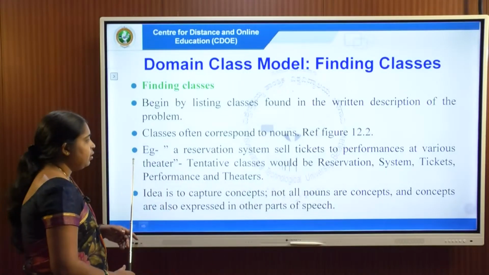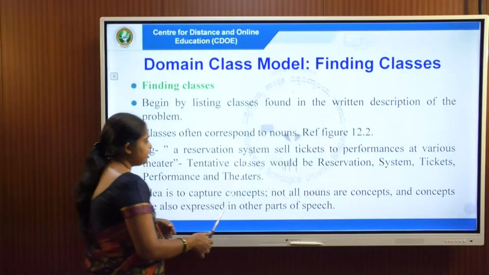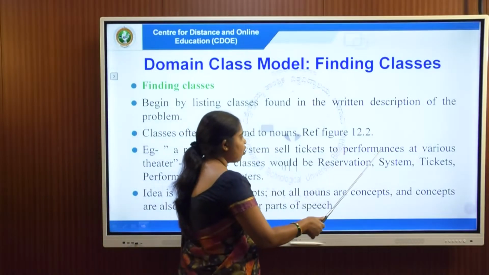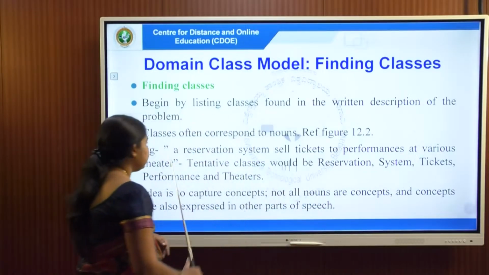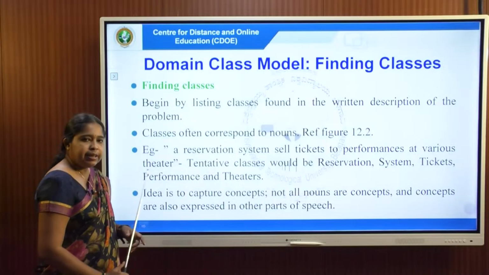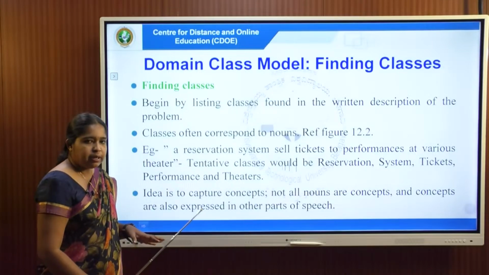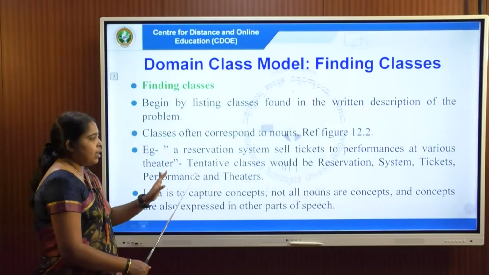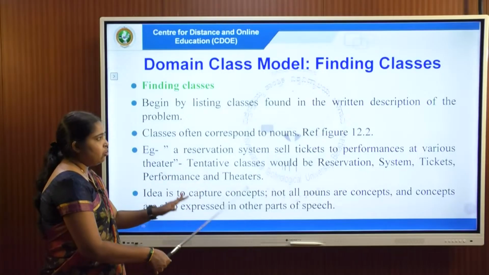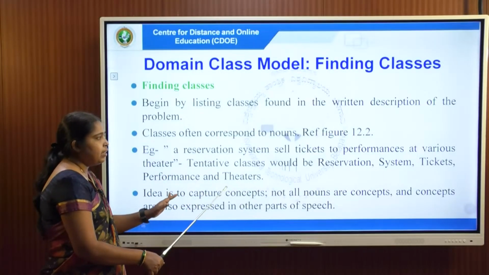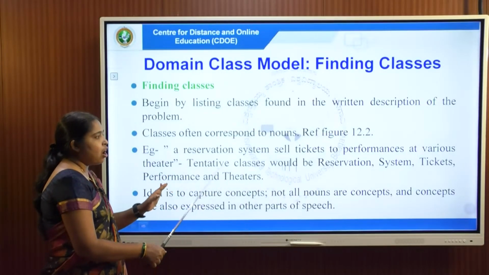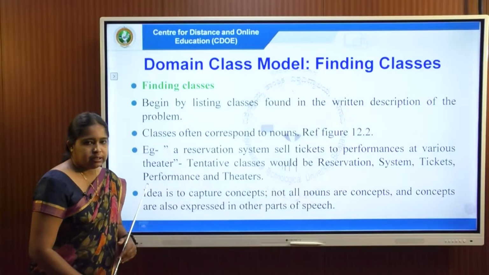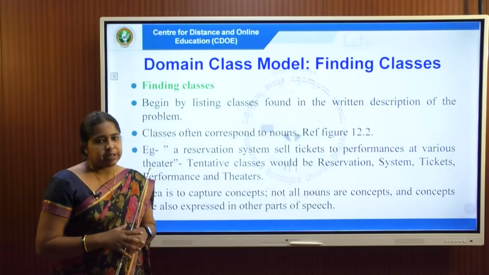For example, a reservation system sells tickets to performances at various theatres. Shall I repeat the problem statement? We are not yet at the ATM case study. Instead, I am just telling you how to identify classes from a given problem statement.